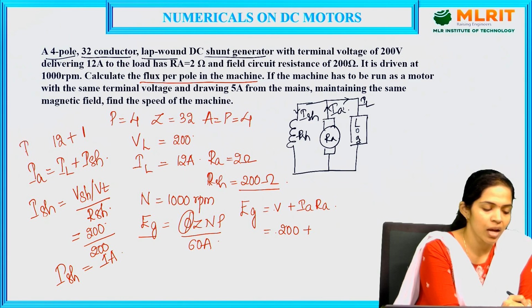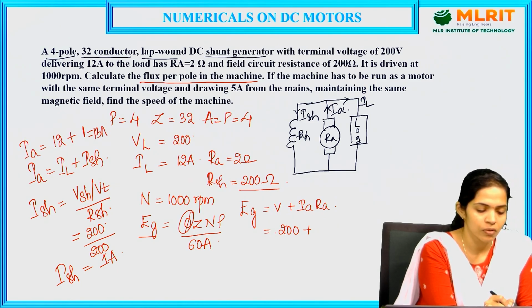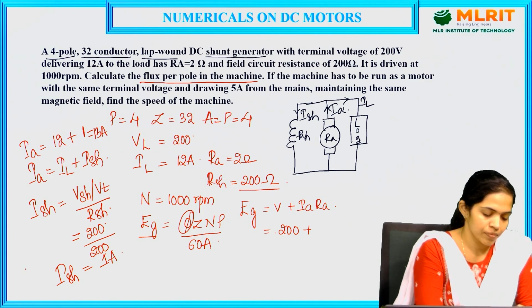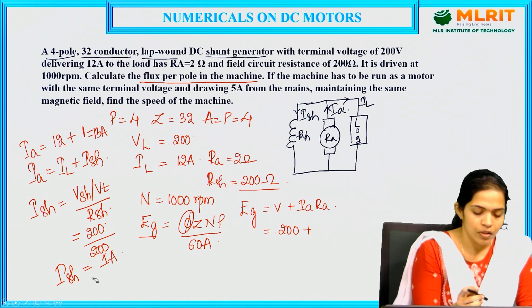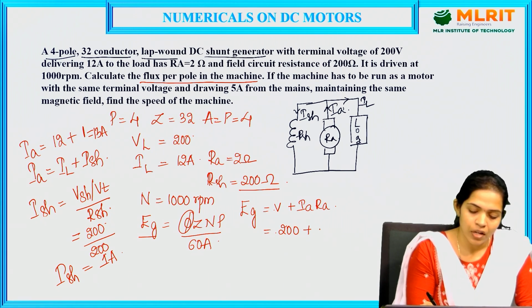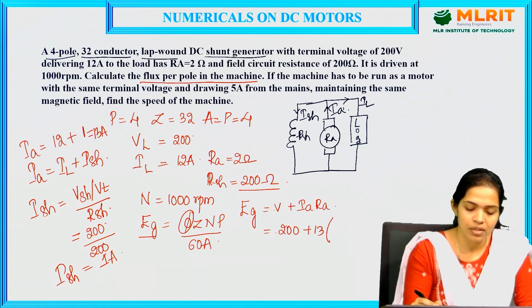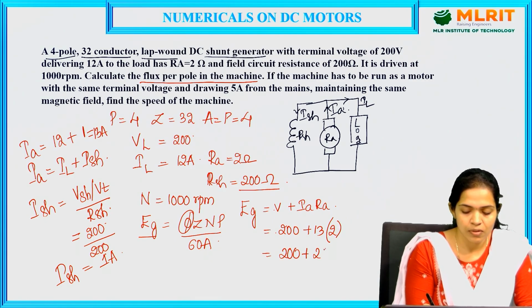So my armature current will now be 13 amperes. With Ra as 2 ohms, Eg is 200 plus 26, which is nothing but 226 volts. So we got our Eg value.